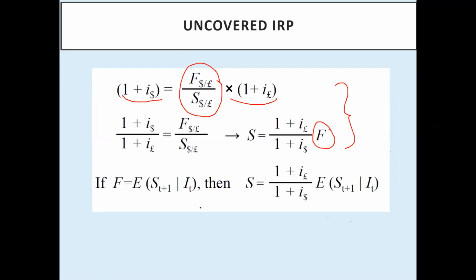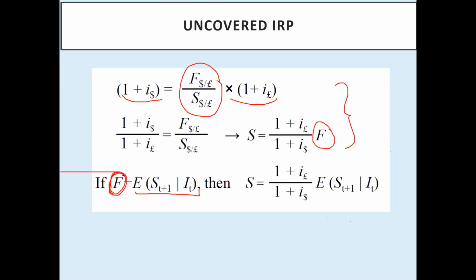Now, if we recall from derivatives, the forward rate is set as the future expectation of investors. So the forward rate reflects the investor's expectation about the future value of the currency. For example, in this case, my forward rate would be investors' expectations about the value of the pound in 1 year's time.